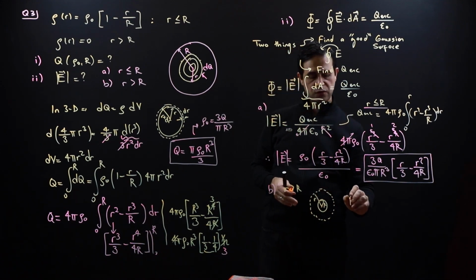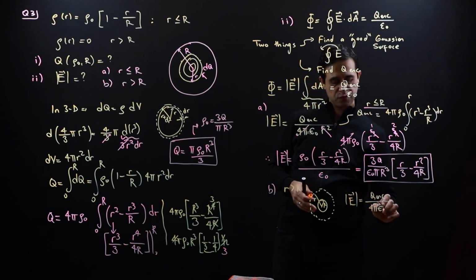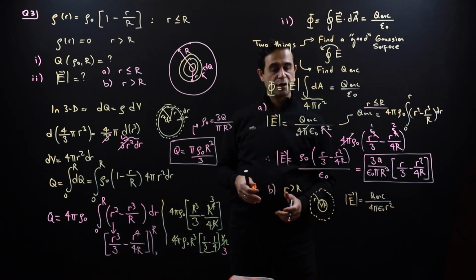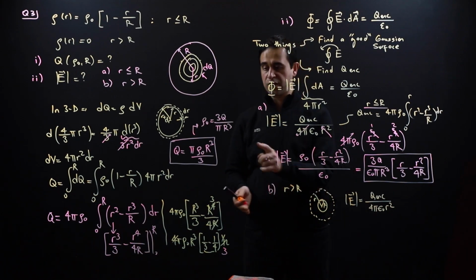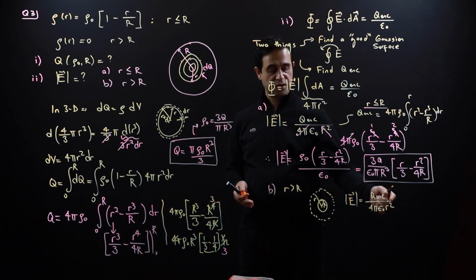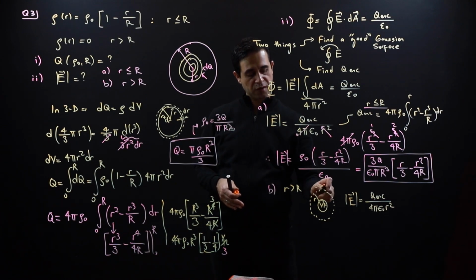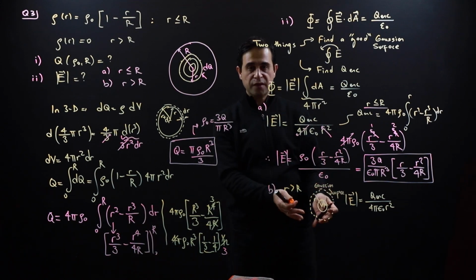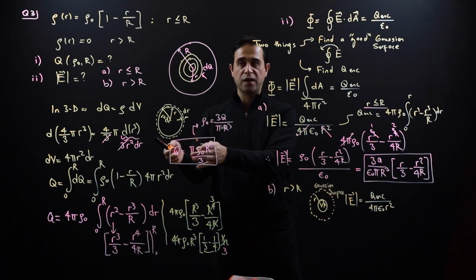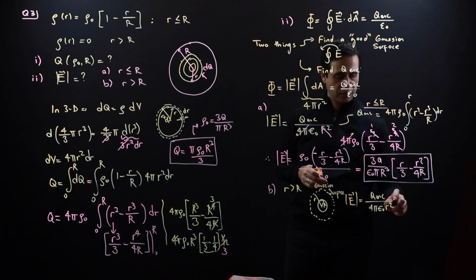So the magnitude of E is equal to Q enclosed divided by 4 pi epsilon 0 small r squared. But this time, Q enclosed is the total charge in here. I can simply take that and put it in this equation, right? Because inside this Gaussian surface, the total charge is this Q that I already calculated in the first part of the question. So I can just put it here.